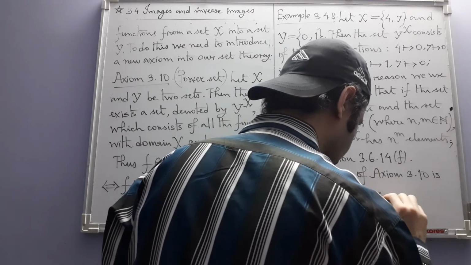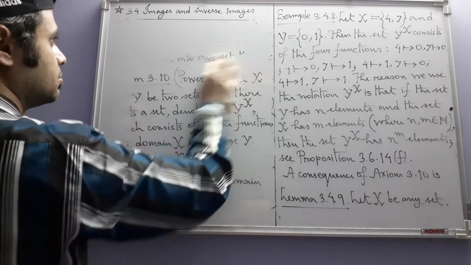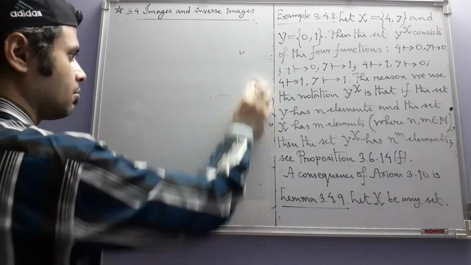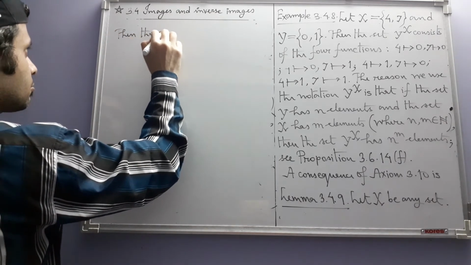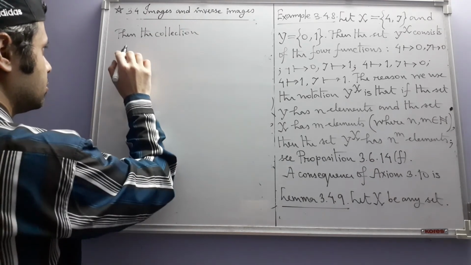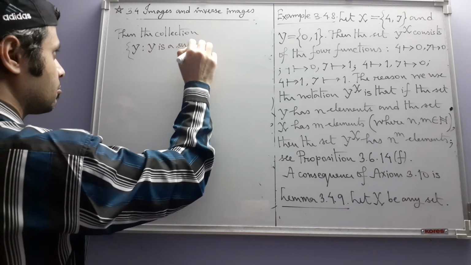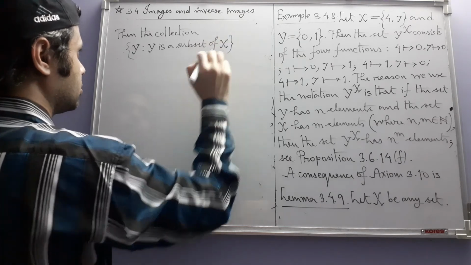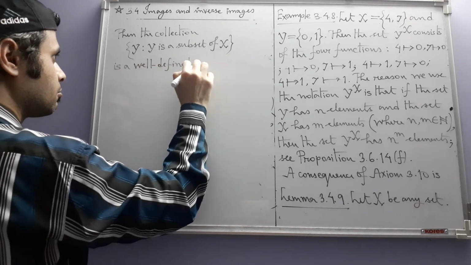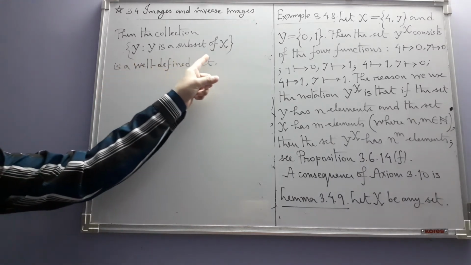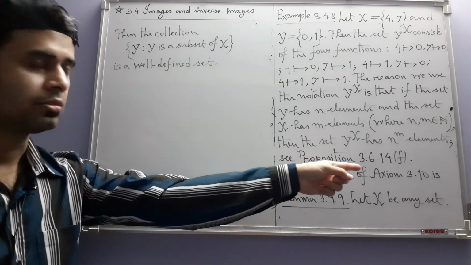Let X be any set. Then the collection of all objects y such that y is a subset of X is a well-defined set, and this is what we know as the power set of X. The fact that this is a set follows from axiom 3.10.